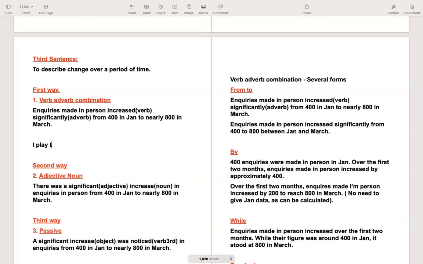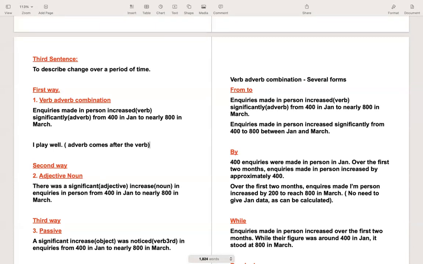If I say I play well, that tells you what my playing style is. So an adverb is nothing but a word that qualifies the verb. I play well. Well is the adverb, play is the verb. In English, there is a rule that the adverb comes after the verb.